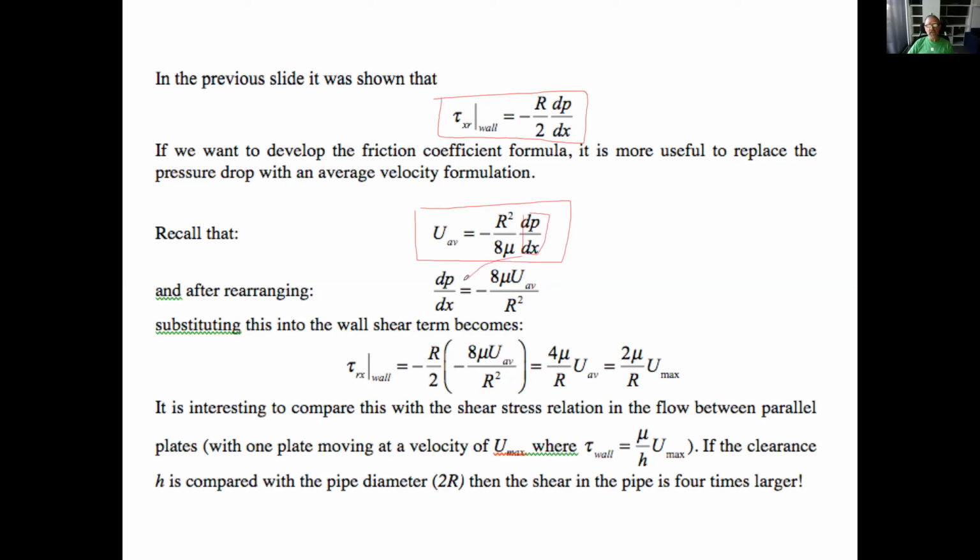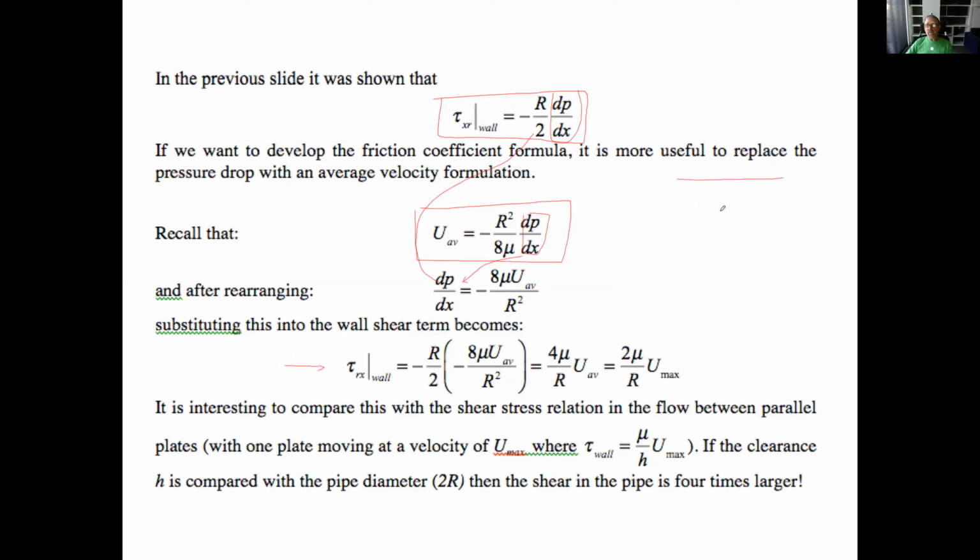This is just rearranging. Why do I need dp/dx? Because I have dp/dx in the formula here. So I substitute that one here, and I get an expression like this. Why are we doing it? Because I would like to have something like mu over u.